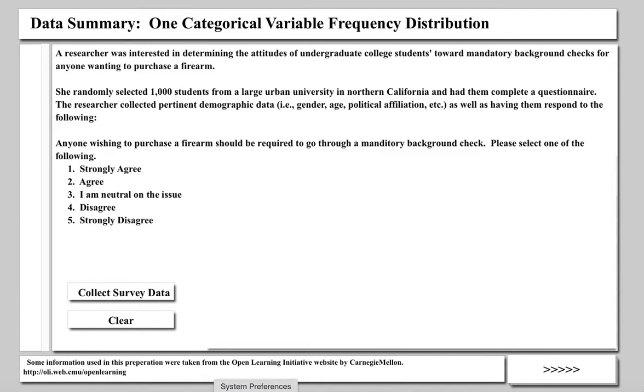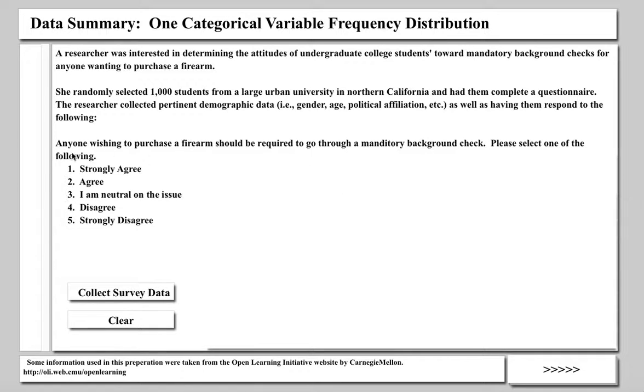But here's the main statement that the researcher asked the participants to respond to: Anyone wishing to purchase a firearm should be required to go through a mandatory background check. And then he asked participants to please select one of the following: strongly agree, agree, I am neutral on the issue, disagree, and strongly disagree.